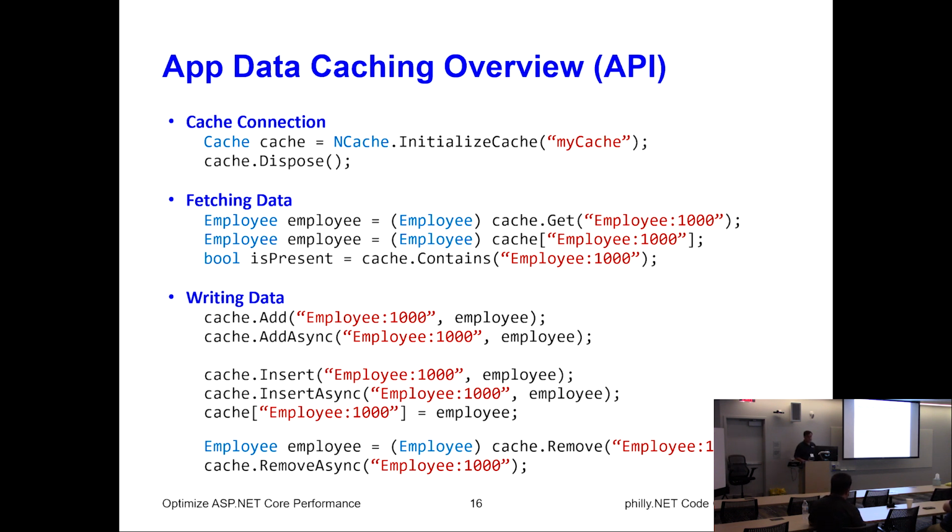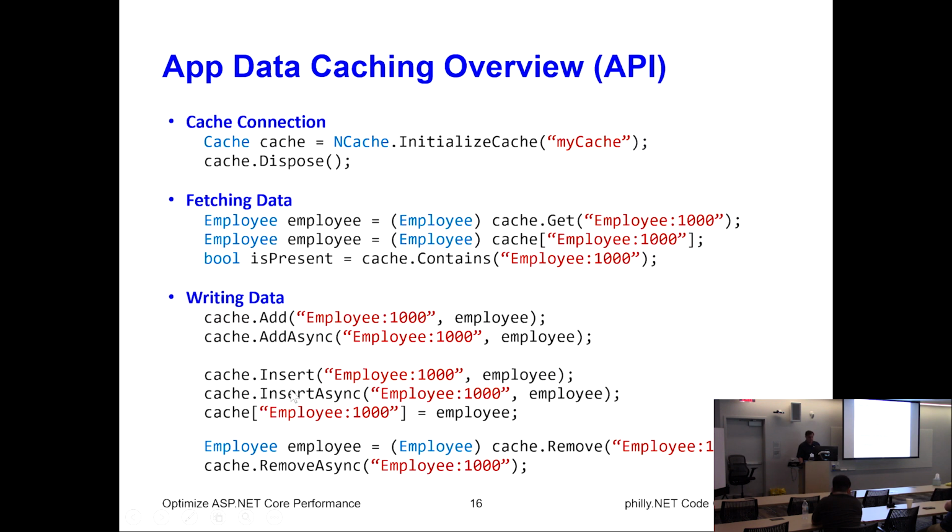You connect to the cache, you get a cache handle, you do a cache.Get, there's an indexer for Get, you do Contains, you do Add, Insert, Remove, and there are async versions of these so that you don't have to wait for the cache to be updated. There are obviously more than that. So this kind of gives you a flavor of how simple it is to use a cache.